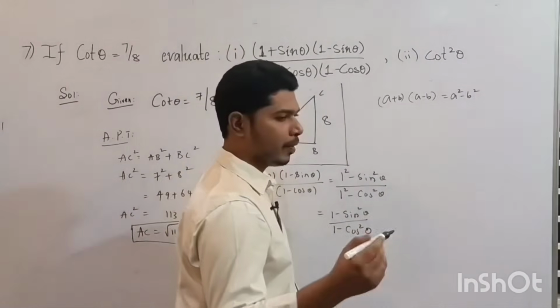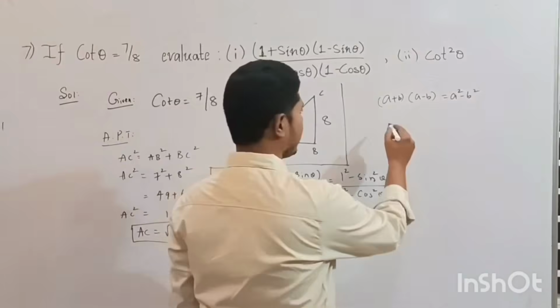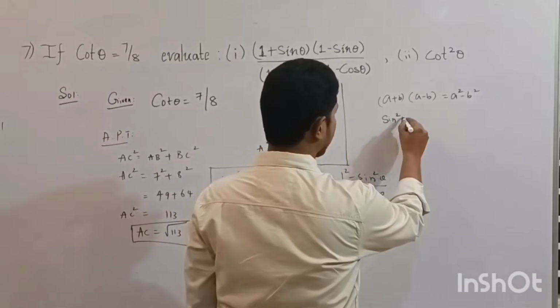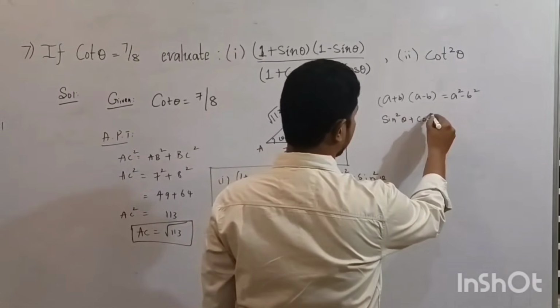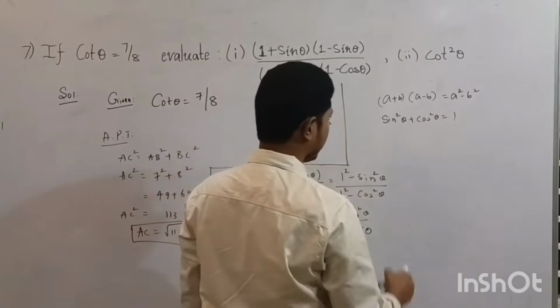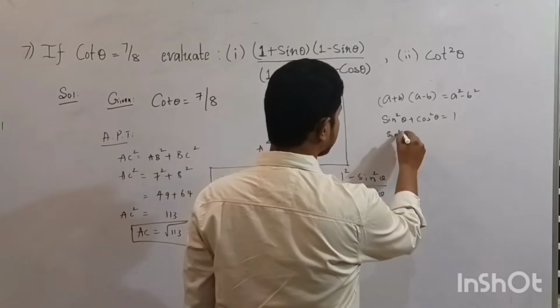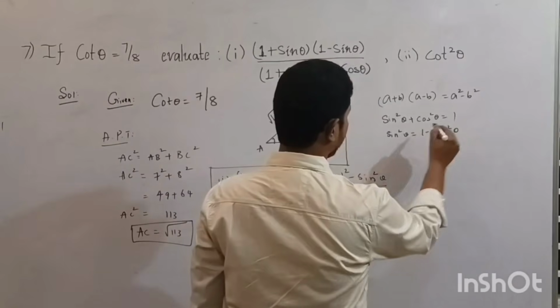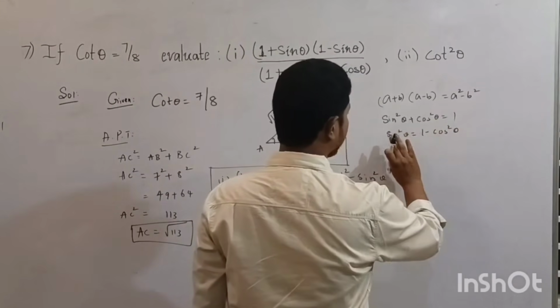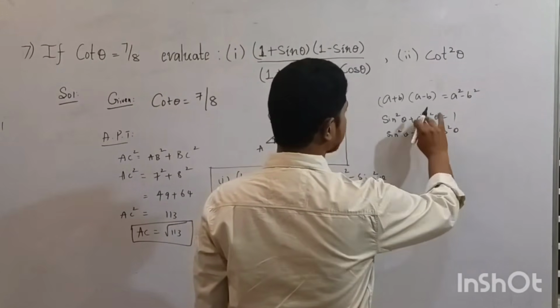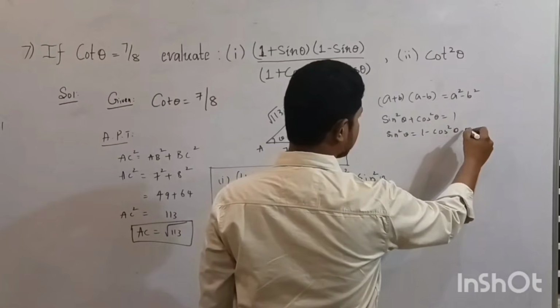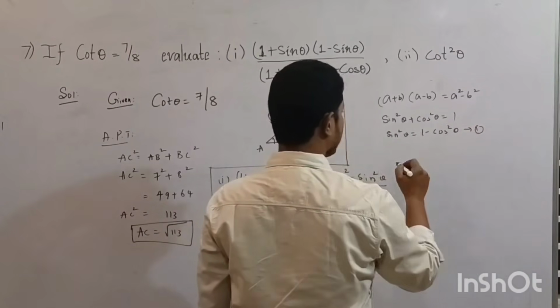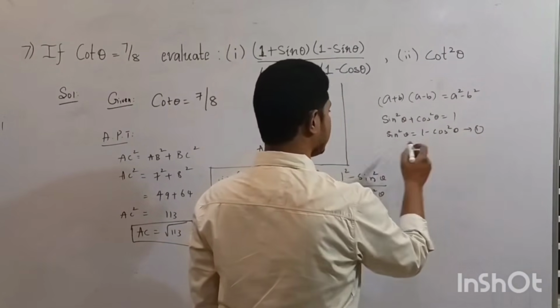We have one trigonometric identity: sin square theta plus cos square theta is equal to 1. Now, sin square theta is equal to 1 minus cos square theta, shifting cos square theta to that side. This is equation number 1. In the second case, we are shifting sin square theta to that side.